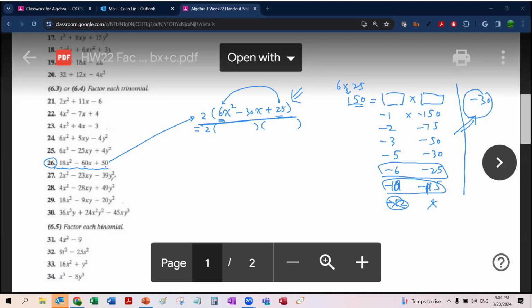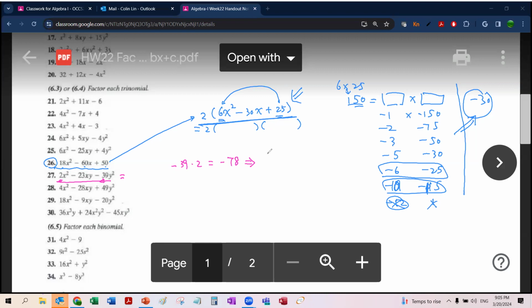All right, 27. First, we'll continue to do the similar process. First we need to multiply, negative 39 times 2, it became negative 78. And try to factor this one, right?